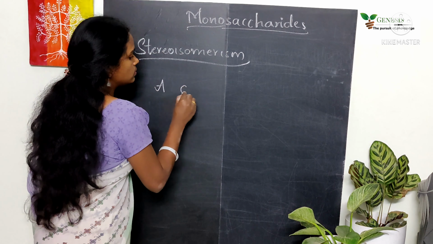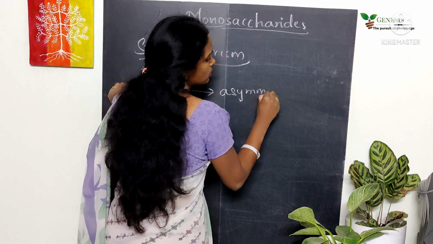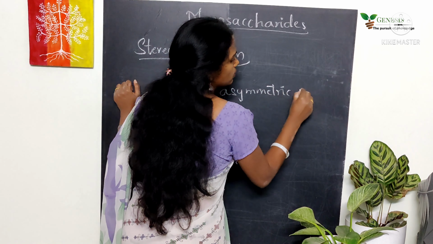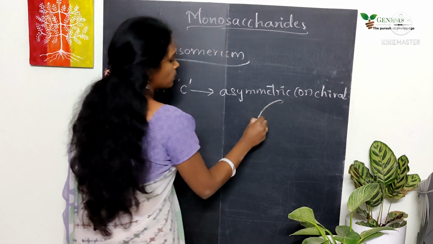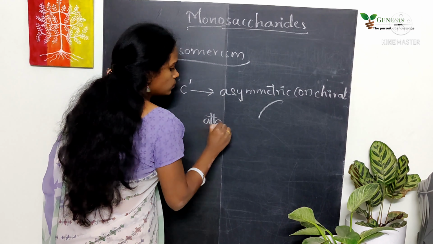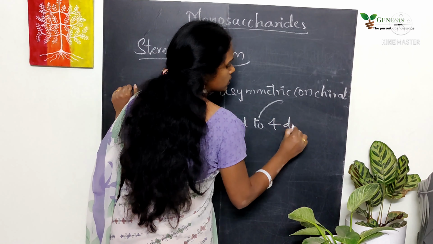A carbon is said to be asymmetric or chiral when it is attached to four different atoms.